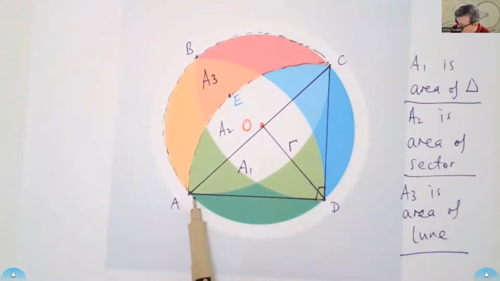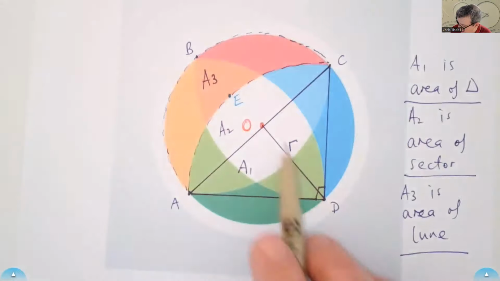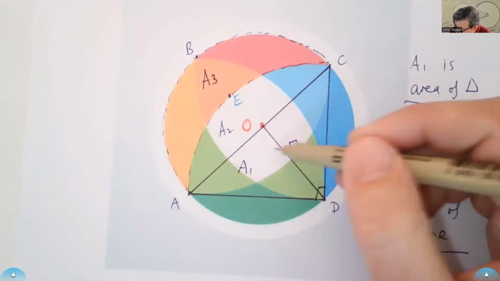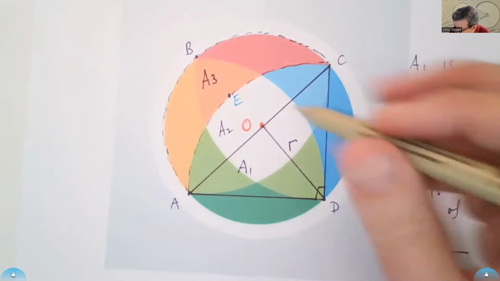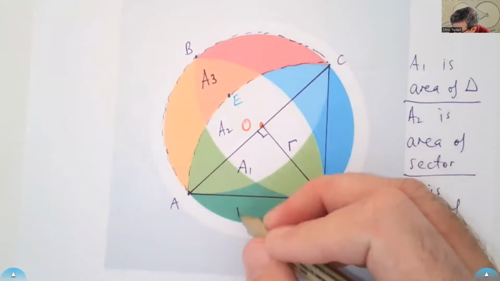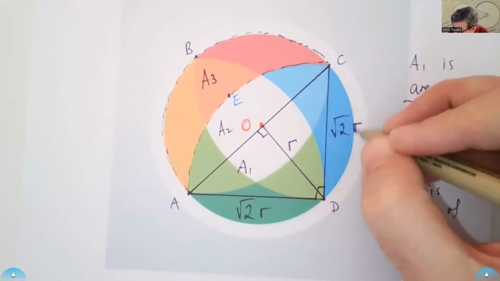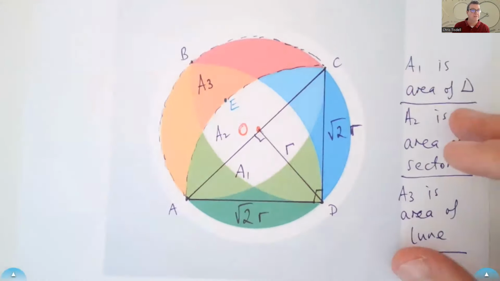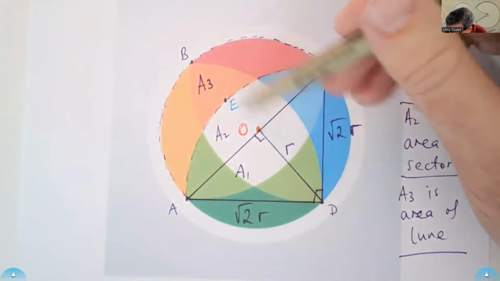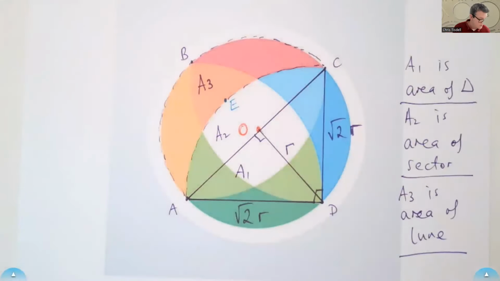And so then the question is, well, that's the radius of the original circle. What about the radius of the biggest quarter circle? Well, if that's R and this is a right-angled triangle, then I can work out that this length is going to be √2 times R, and this length is also going to be √2 times R. That's just Pythagoras' theorem, right? So actually the radius of this bigger circle is going to be √2R.